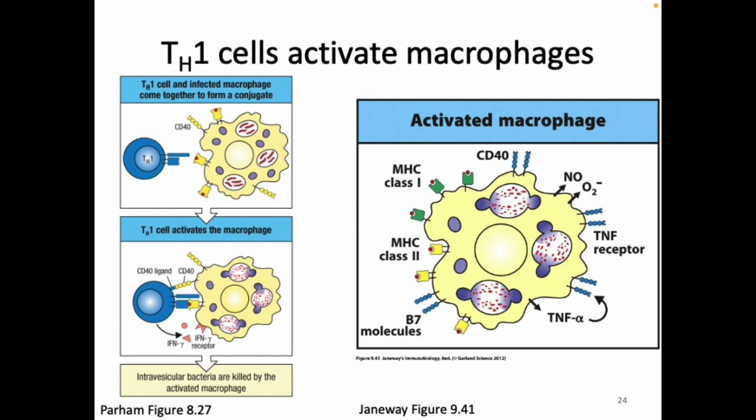And so with our Th1 cell, we're going to activate macrophages and CTLs, and we're going to get rid of intracellular bacteria and viruses. And that's really all because of the actions of interferon gamma.